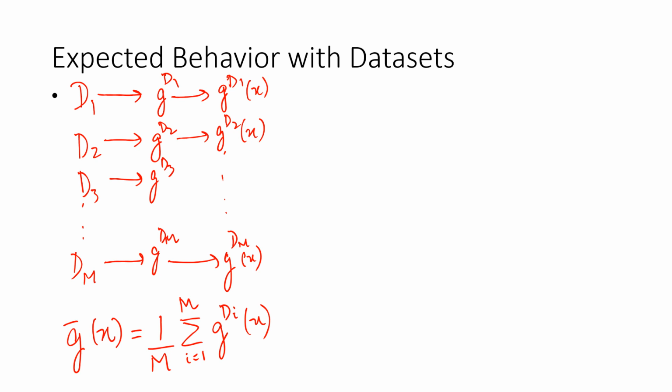So for larger data sets, this value will approach, and that's why I'm using an arrow, the expectation over all these data sets D.